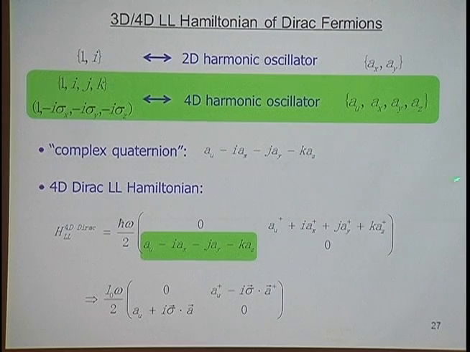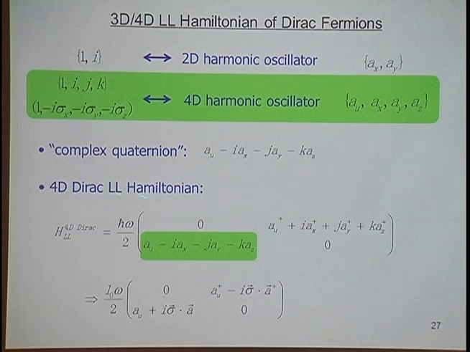So if you go to 4 dimensions, we have 4 axes, x, y, z, and the fourth axis I call u. We have a quartet of annihilation operators. Certainly, complex numbers are not sufficient. We can combine them with the quaternion units, and we know that this is just isomorphic to these Pauli matrices.